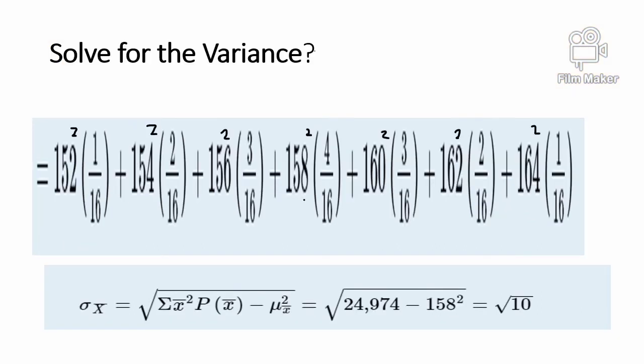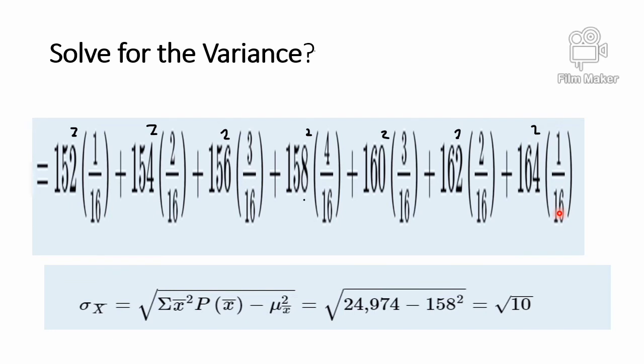Let's solve for the variance. So we have 152, you will write squared. And then multiply by 1/16 plus 154 squared multiplied by 2/16 plus 156 squared multiplied by 3/16 plus 158 squared times 4/16 plus 160 squared times 3/16 plus 162 squared times 2/16 plus 164 squared times 1/16.